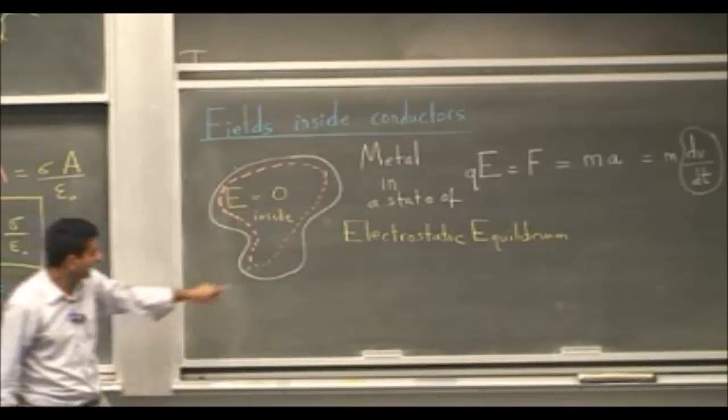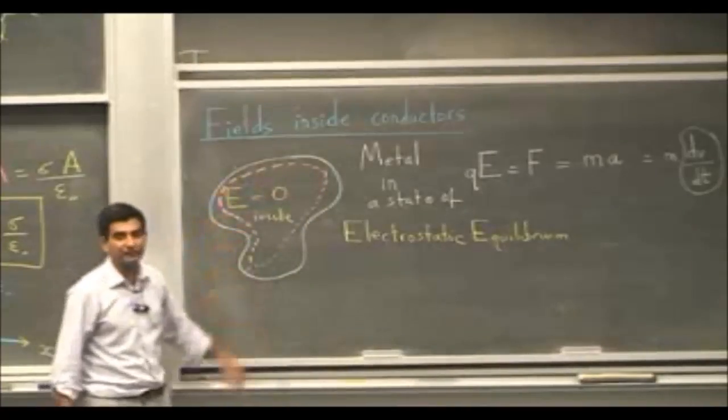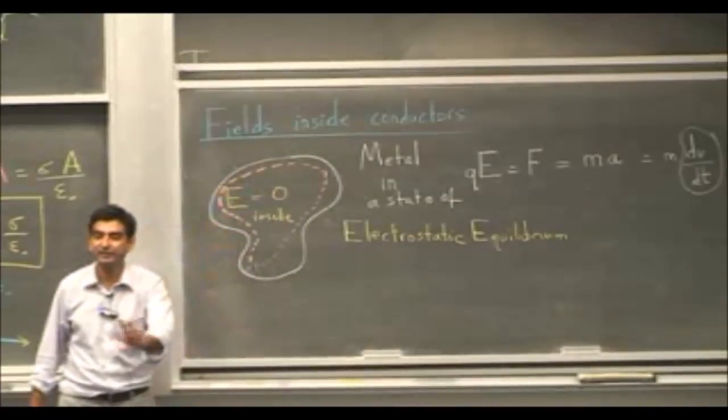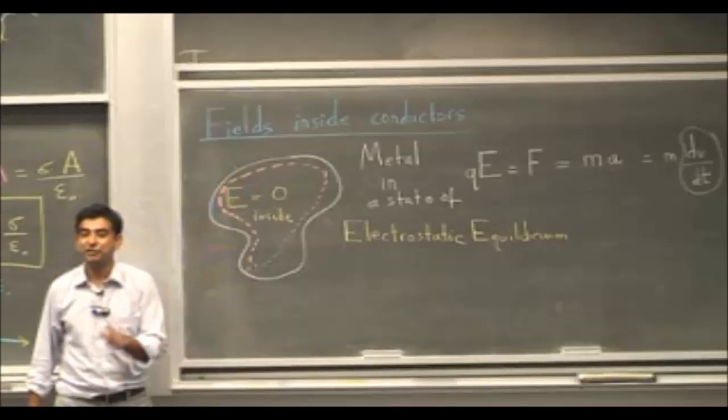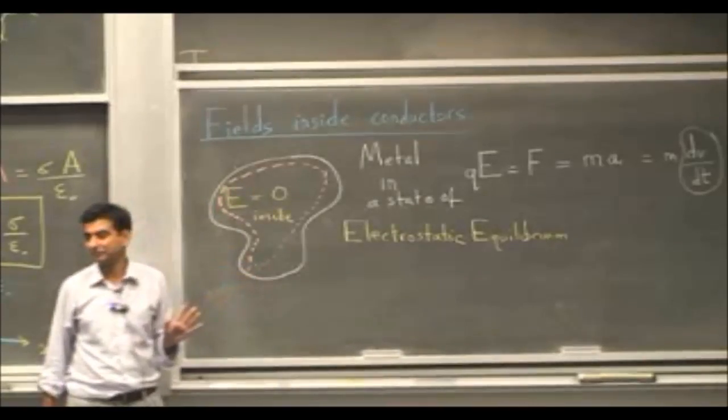Okay? So here the field is 0, here the field is 0, everywhere on this dotted periphery, which is a surface, the electric field is 0. So if the field is 0, the flux through this surface is 0.